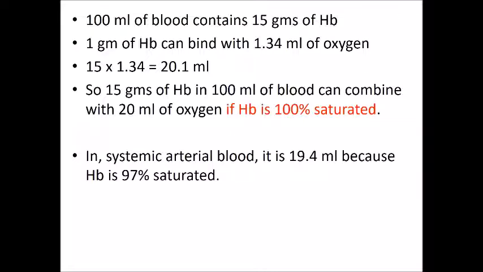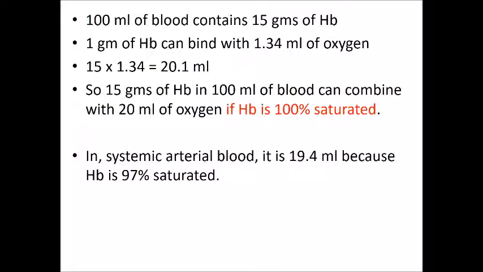Now we all know that in 100 ml of blood there is 15 gram of hemoglobin. 1 gram of hemoglobin can combine with 1.34 milliliter of oxygen. So multiply it by 15, it will give the value of 20 ml. So we can say that 15 gram of hemoglobin in 100 ml of blood can combine with 20 ml of oxygen, provided hemoglobin is 100% saturated.